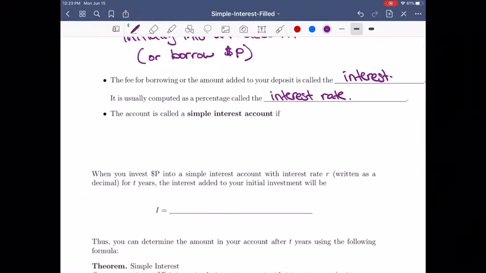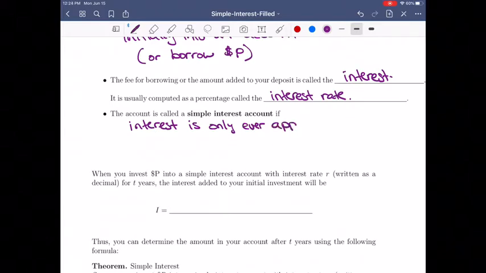So if you have an account that is a simple interest account, it means that interest is only ever applied to the principal.